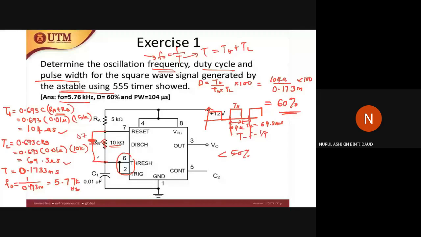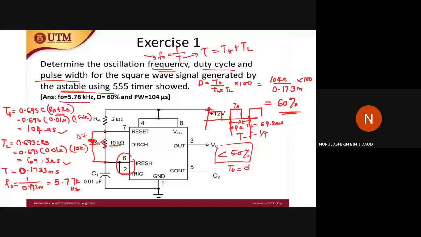So in that case, to get the duty cycle less than 50%, you will get TH involving only CRA, because resistor RB is not involved, and TL is 0.693 CRB.